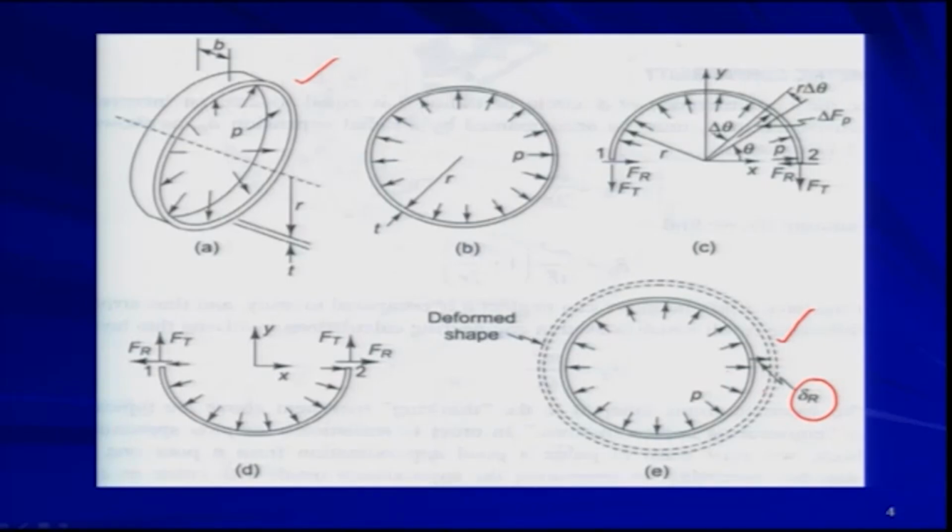For this radial expansion, what we did was cut this hoop here and stretch it out, making it a flat plate under the action of the force Ft, which is the tensile force acting on this flat plate.